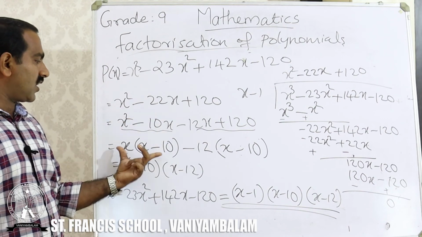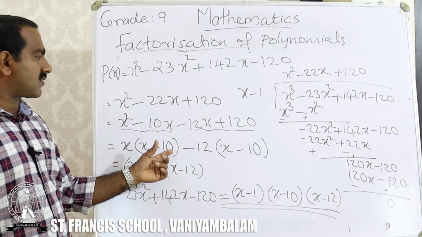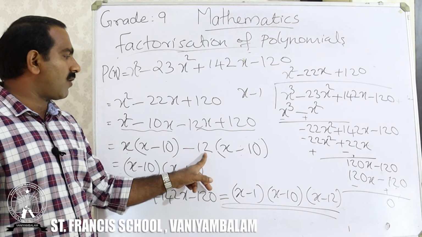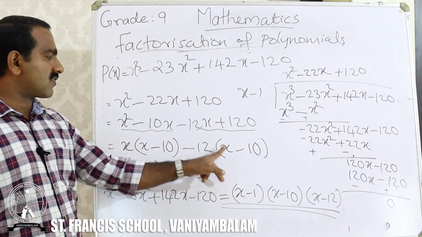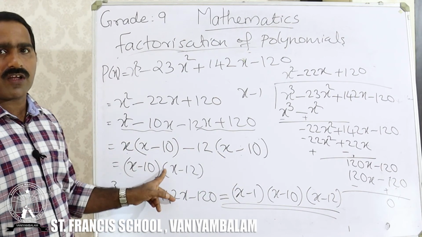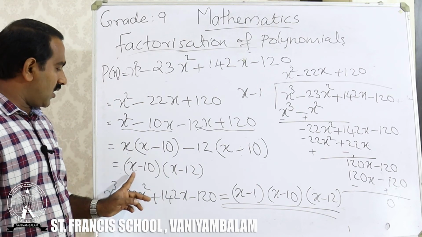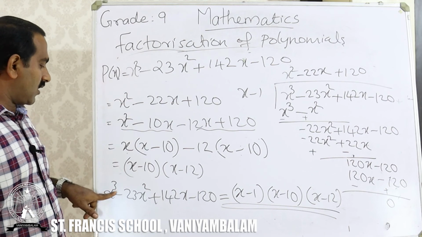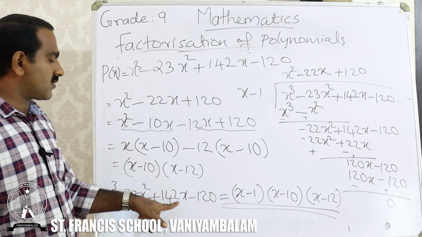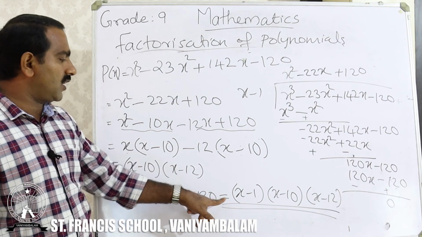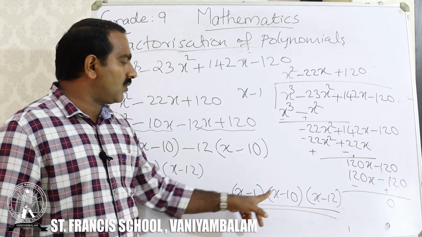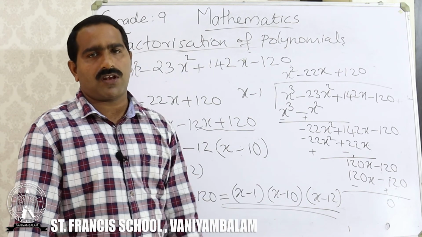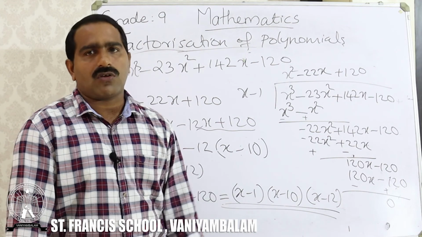Here in the first and second terms x is common, x into x minus 10. In the third and fourth, minus 12 is common, into x minus 10. Then x minus 10 is common, giving x minus 10 into x minus 12. So we got the factors of polynomial p of x: x cube minus 23x square plus 142x minus 120 equals x minus 1 into x minus 10 into x minus 12.